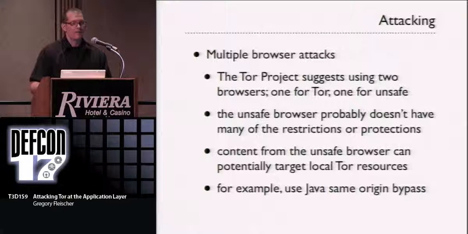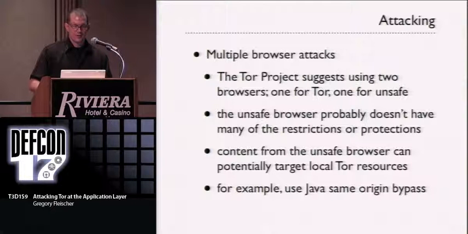So you could be browsing content out there on the web, and this content could be trying to actively detect or attack your Tor button or your installed Tor client directly through port 9050 or 9051, and you would have no protection. So that's something to be concerned about if you're using two different browser instances, because by default, Firefox isn't going to block attempts to access port 9050 or 9051.